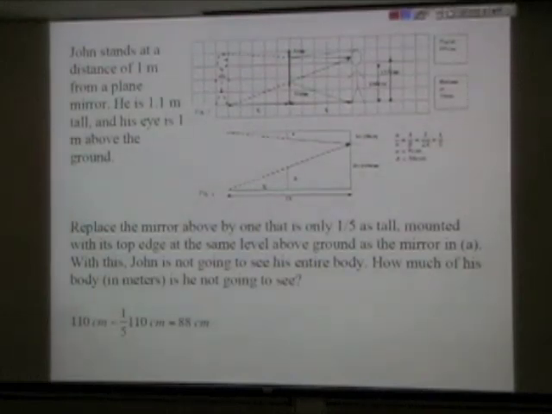If you cut 4/5, so now there is no this part of the mirror.